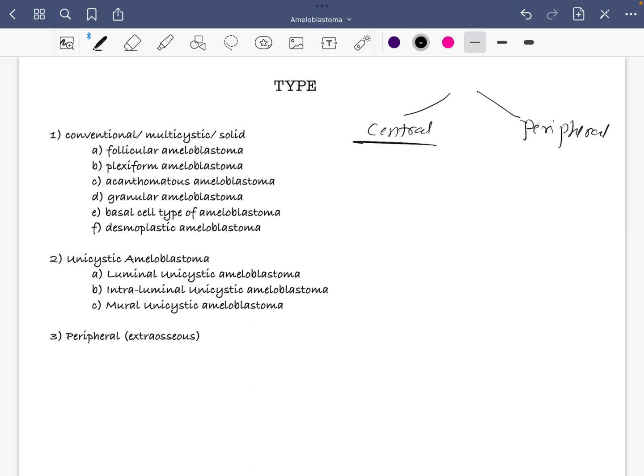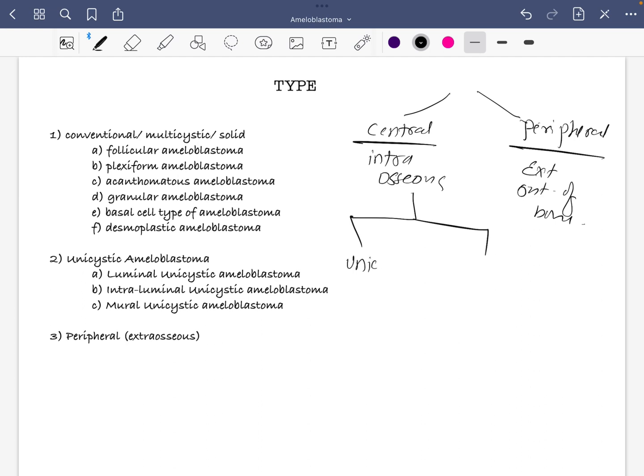Central is when they are inside bone, or basically intraosseous. Peripheral is when they're extraosseous, outside of bone. In the central type, we have 2 types, unicystic and conventional, also known as multicystic.